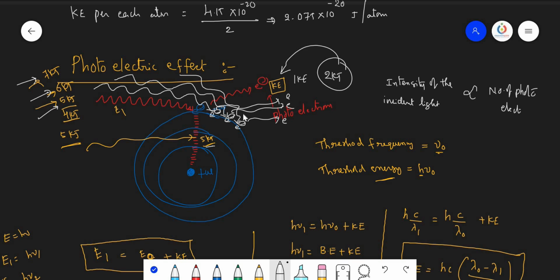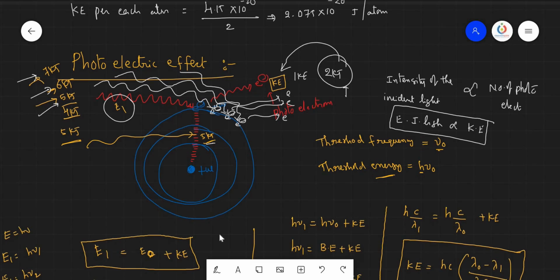When the intensity increases, it removes more electrons. But when the energy of the incident radiation increases, it increases the kinetic energy. So the energy of incident radiation is directly proportional to the kinetic energy of the photoelectron. Those are some basic pieces of information regarding the photoelectric effect.